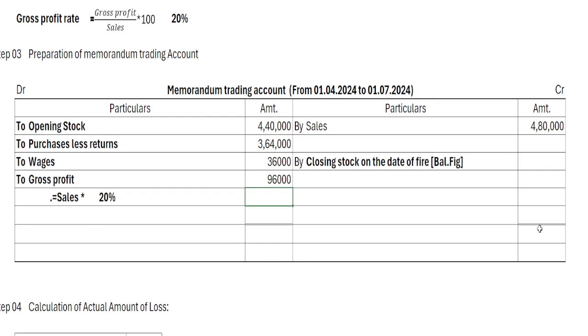Now let's balance the account. The balancing figure, total minus sales, will be the closing stock.